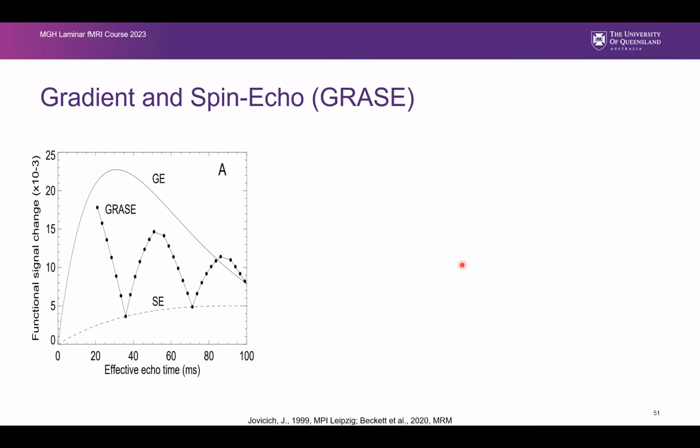So GRASE oscillates between a strong gradient echo weighting and a strong spin echo weighting. And depending on where you put your effective echo time in combination with how your sequence works, you can adjust if you want a more gradient echo or more spin echo weighting.